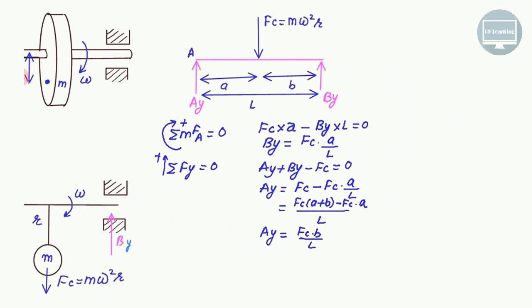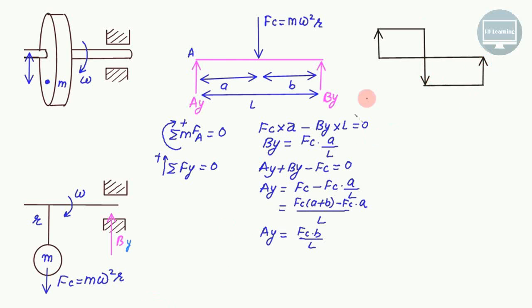If you consider the SFD, the shear force diagram, this force will go upward, and from here to here the force is constant. Then the force goes downward, and from this point to this point it is constant again, and we have a closing value.